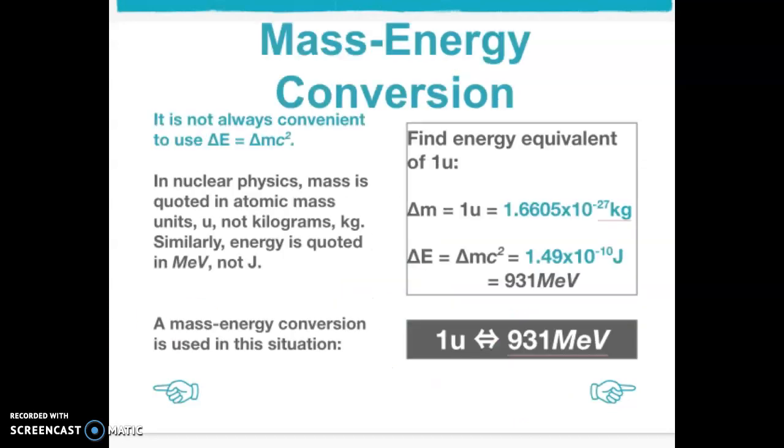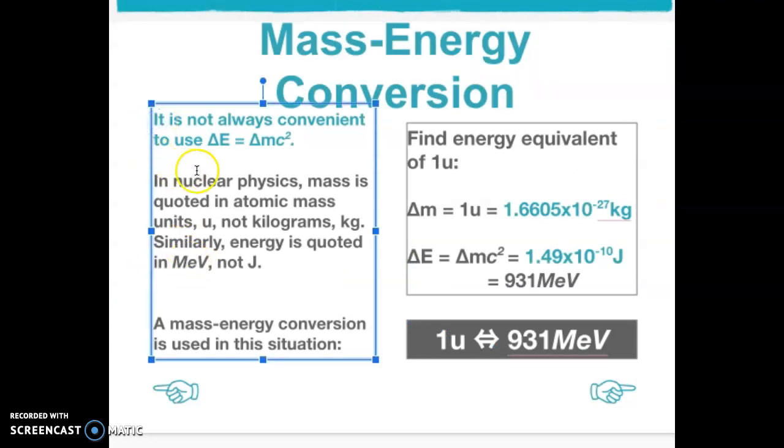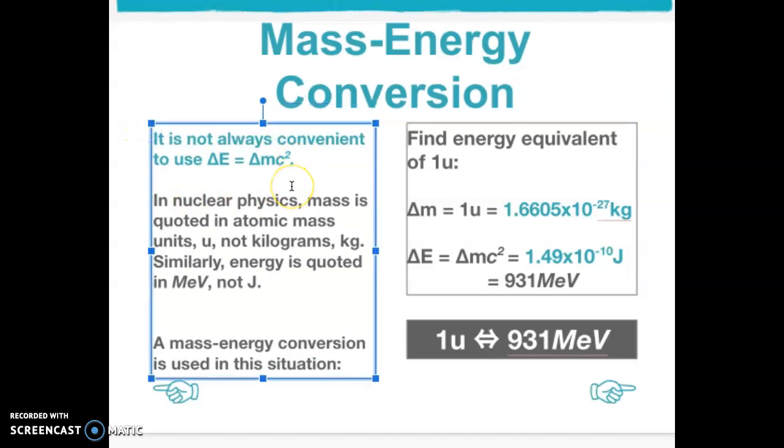There is an abbreviation that you can use, which is on the data booklet. As it's not always convenient to do this large, heavy step calculation, finding the mass difference, and then using E equals mc squared, etc., mass is quoted in atomic mass units, not kilograms, and energy is often quoted in mega electron volts.